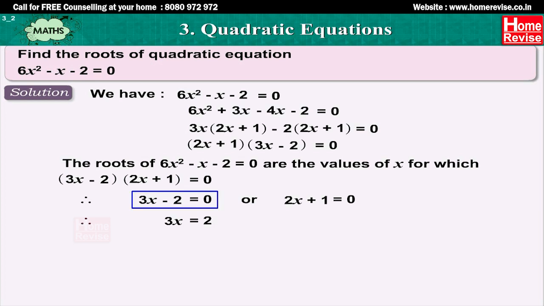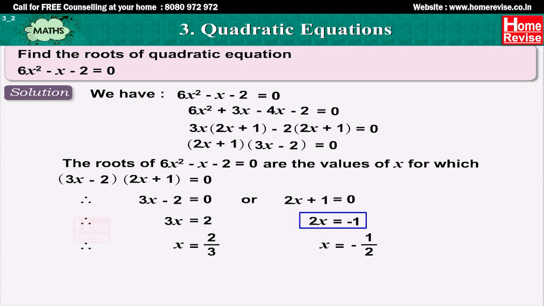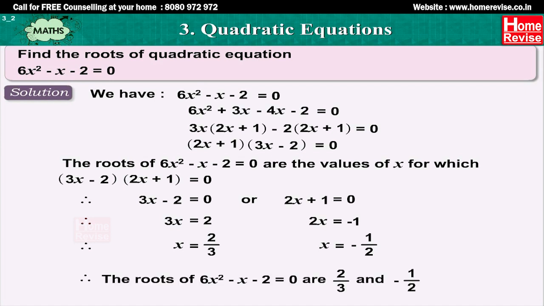Therefore, 3x is equal to 2 or 2x is equal to minus 1. Therefore, x is equal to 2 upon 3 or x is equal to minus 1 upon 2. Therefore, the roots of 6x squared minus x minus 2 is equal to 0 are 2 upon 3 and minus 1 upon 2.